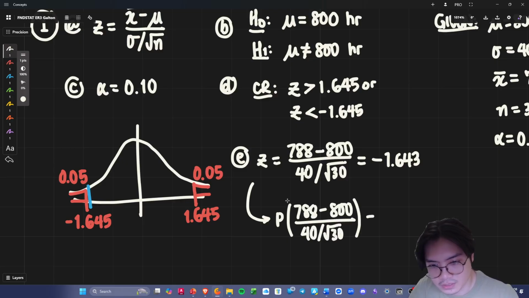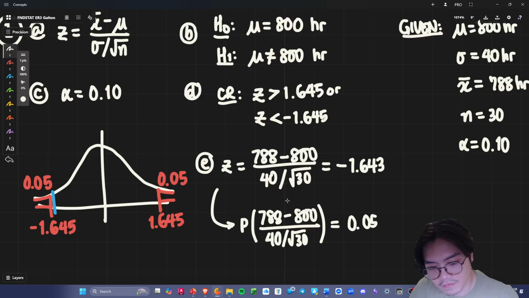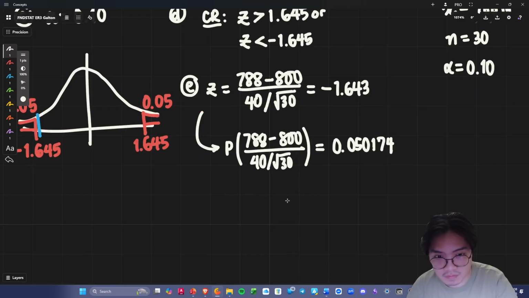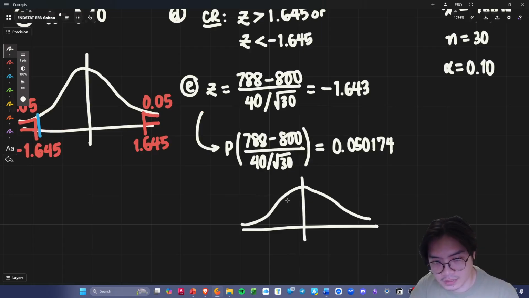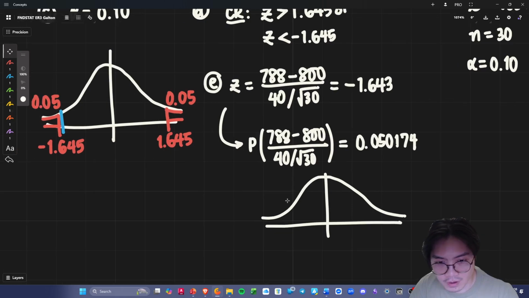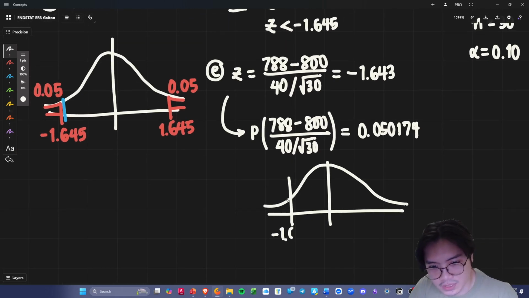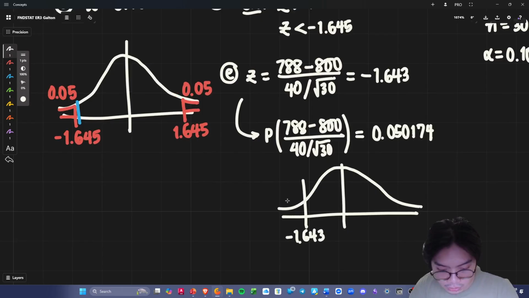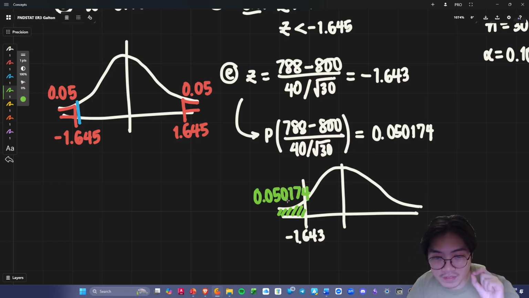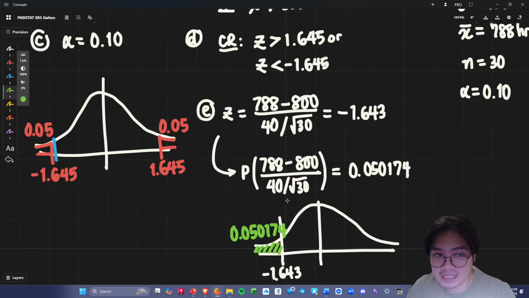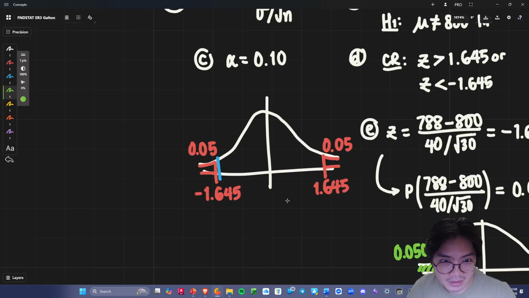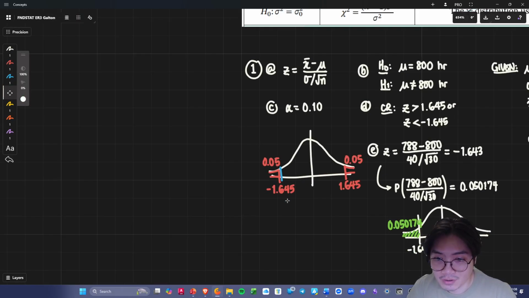It appears that the answer here is 0.050174, which basically means this P function plots negative 1.643 on the bell curve and tells us that this area right here is going to be 0.05017. It is really close, but does not belong in that critical region.